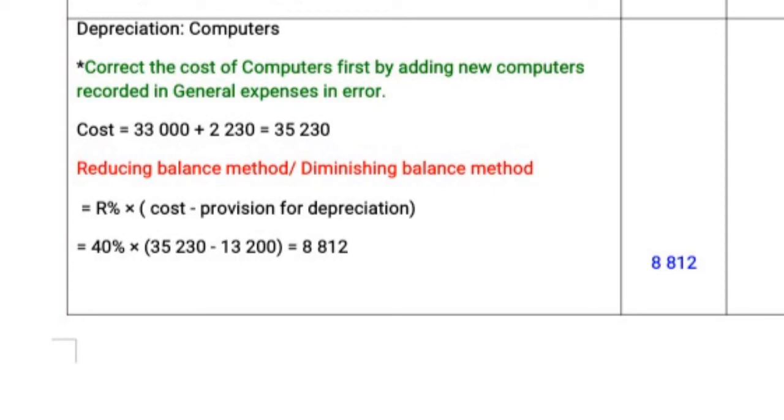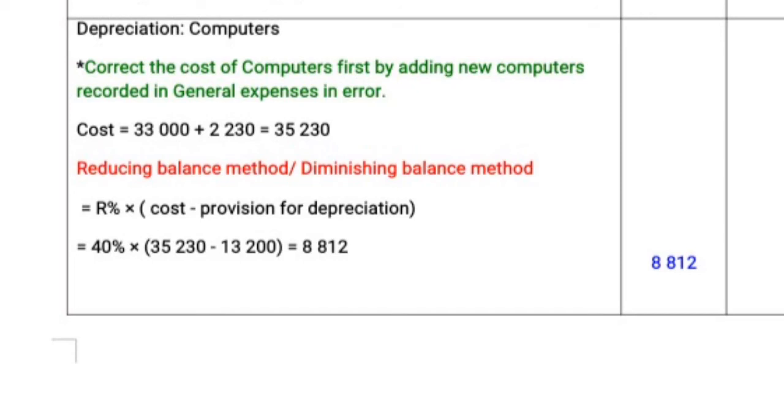So we are going to be using the same formula. Why? Because computers are being depreciated at 40% per annum using the reducing balance method, which is also known as the diminishing balance method. So R% times cost minus provision is the formula. The percentage is 40% here.